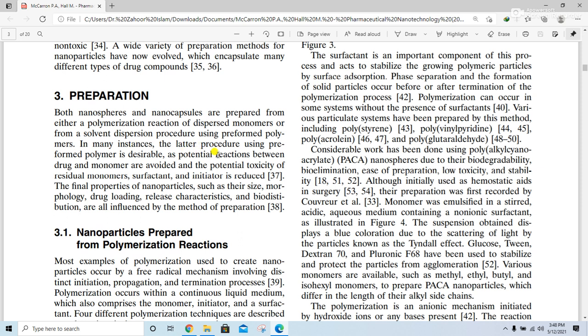In many instances, the latter procedure using preformed polymers is desirable, as potential reactions between drug and monomers are avoided, and the potential toxicity of residual monomers, surfactants, and initiators is reduced. The final properties of nanoparticles, such as their size, morphology, drug loading capacity, release characteristics, and biodistribution, are all influenced by the method of preparation.